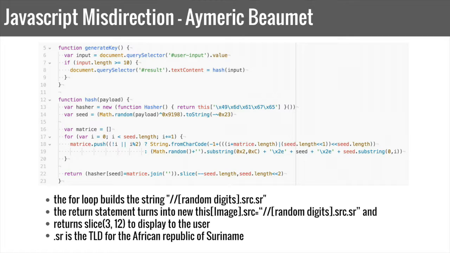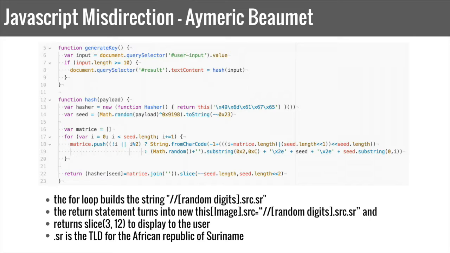And so what we're doing there is creating a new image element that loads that domain, and then what actually gets returned to be shown to the user is a slice of that, just the number part of that. And so this is a tricky way of exfiltrating the private key that's being shown to the user as a domain, and it's a clever way of constructing this domain. Just from the word source, you can also get the .sr, using some obscure arithmetic.